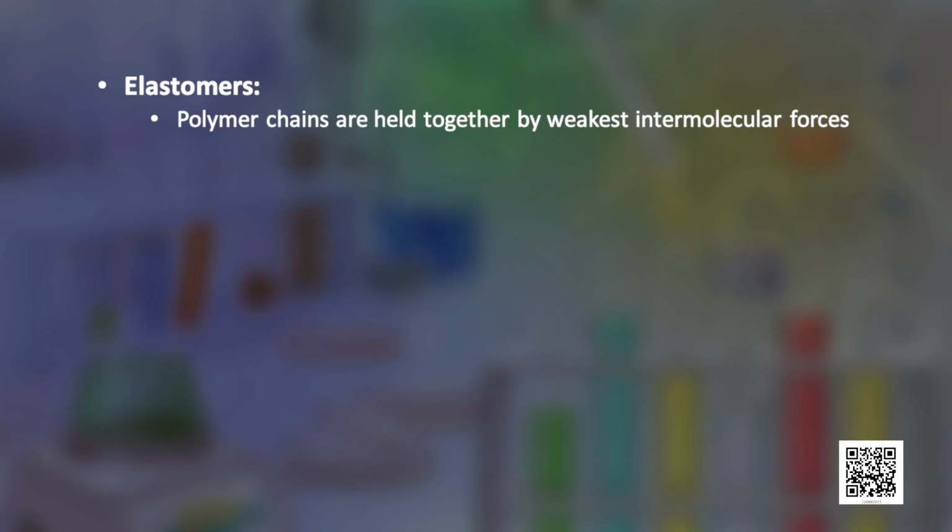While elastomers are rubber-like solids with elastic properties, in these polymers, the polymer chains are held together by the weakest intermolecular forces, and these weak binding forces permit the polymer to be stretched.